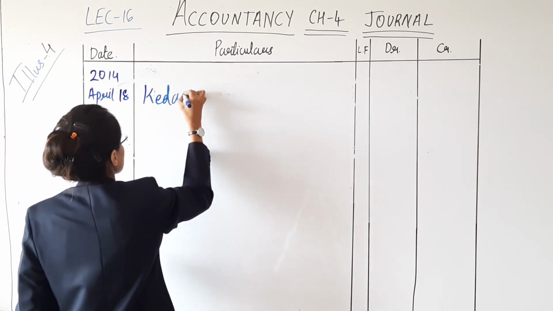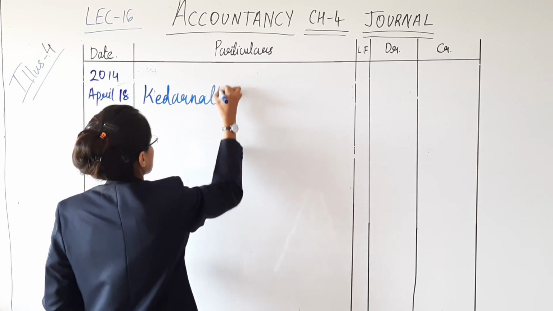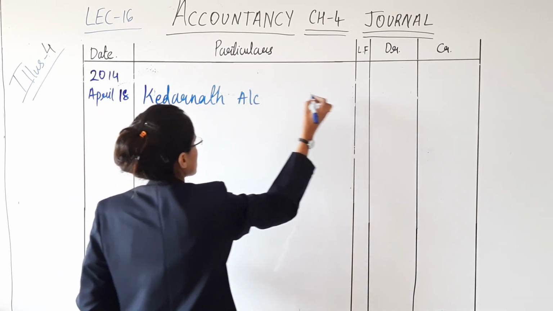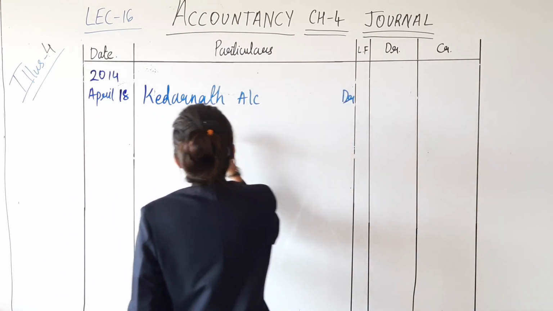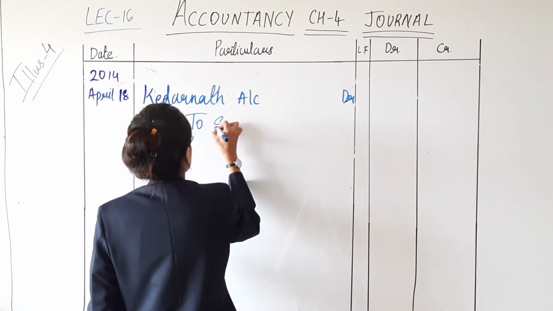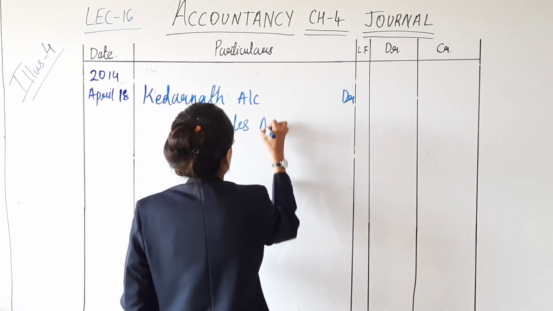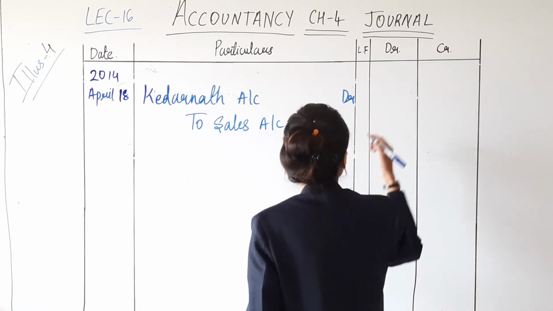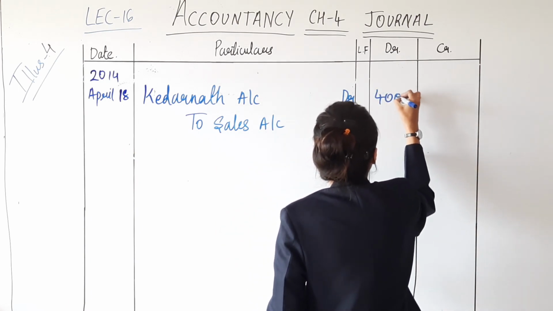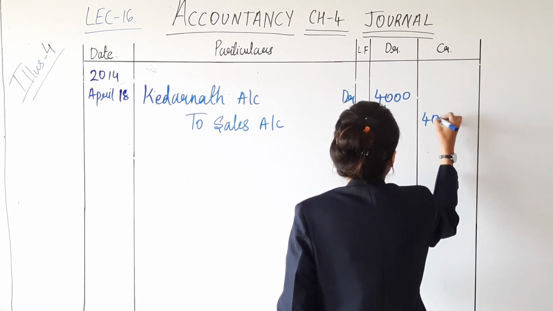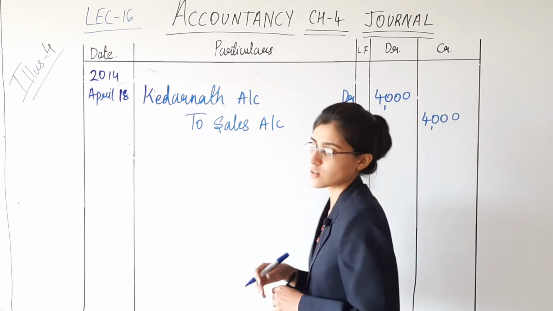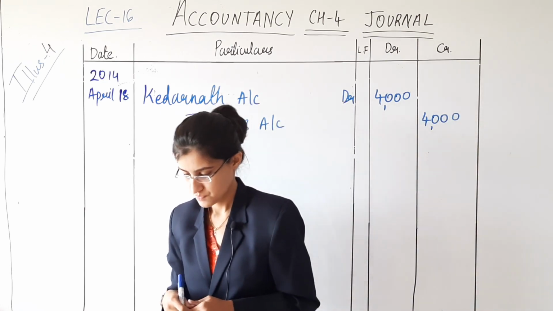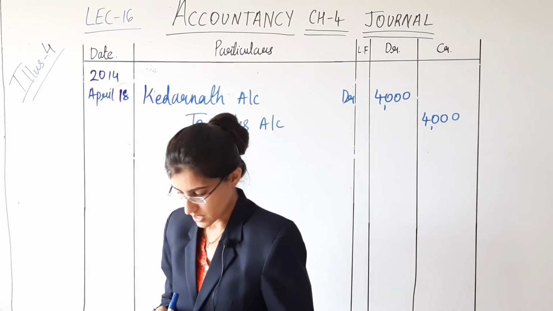Debit the receiver. Goods go out. So this is the journal entry and goods are of rupees 4000. Okay, fine. The next transaction.